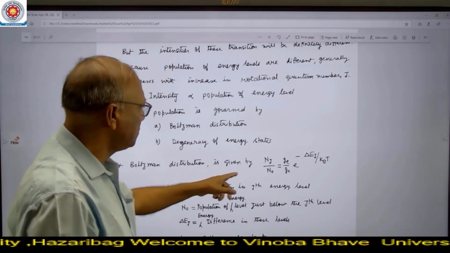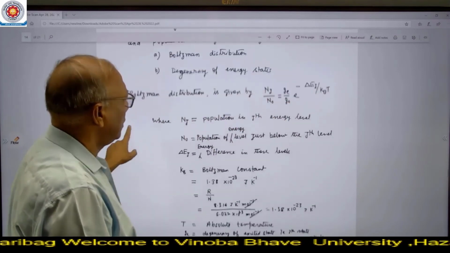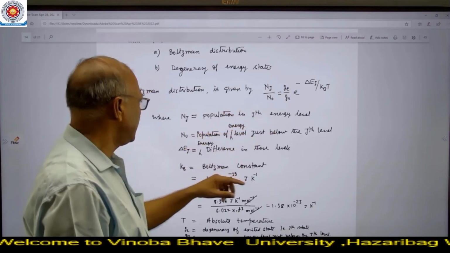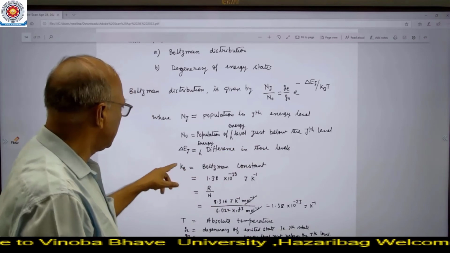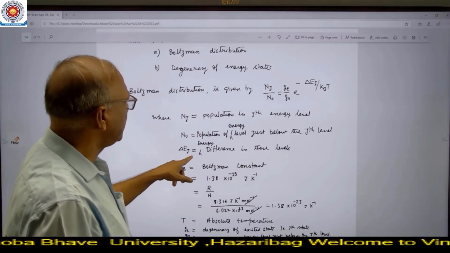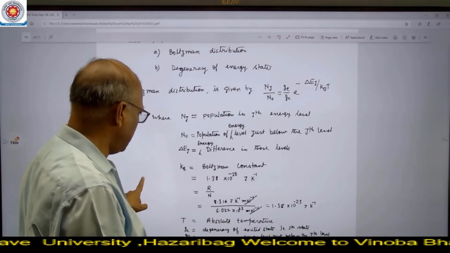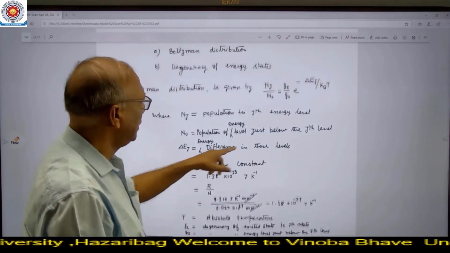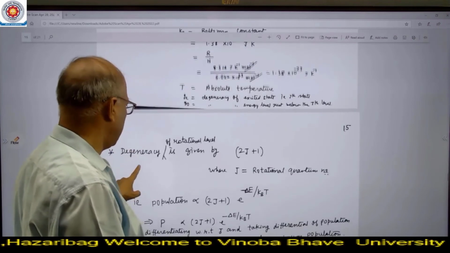The Boltzmann distribution is given by this formula, where the terms are defined like this: Nj is the population in the jth energy level, N0 is the population of the energy level just below, delta E is the energy difference between these levels, Kb is the Boltzmann constant, T is the absolute temperature, and Gj and G0 are the degeneracies of the energy levels.